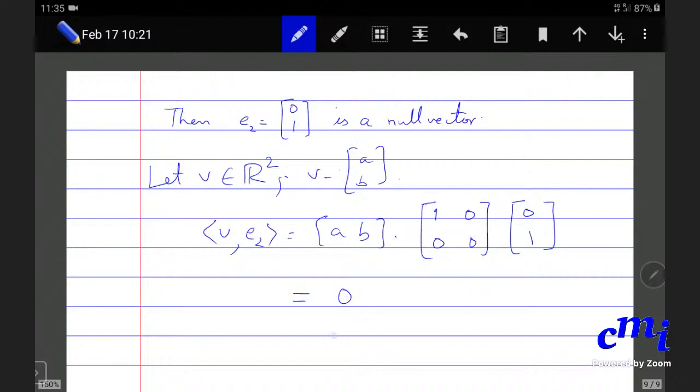Irrespective of what a and b are, we just get 0. Therefore, this is a null vector.